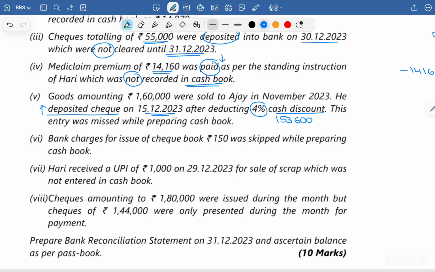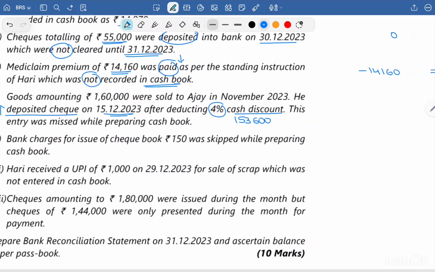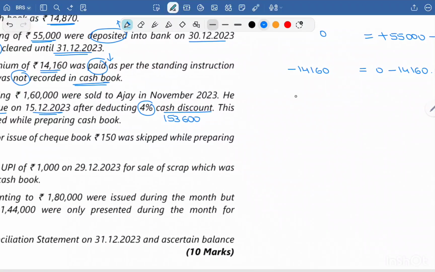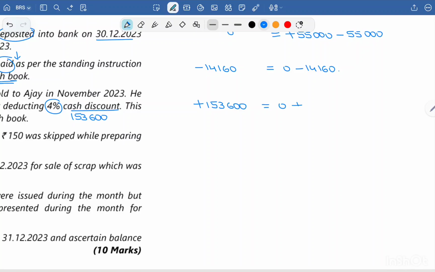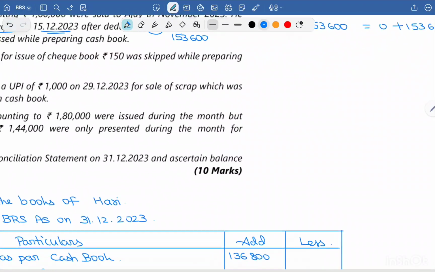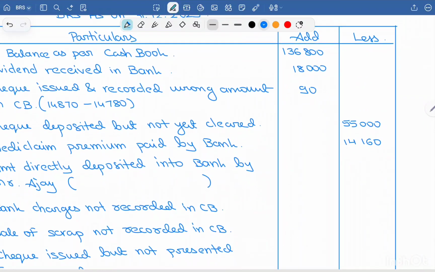This entry was missed while preparing the cash book. There is no entry in the cash book. My passbook balance has increased by 153,600. Cash book there is no change. So in cash book I have to add back 153,600 since cash book is my base. So add column 1,60,000 minus 4%, it will be 1,53,600 in the add column.